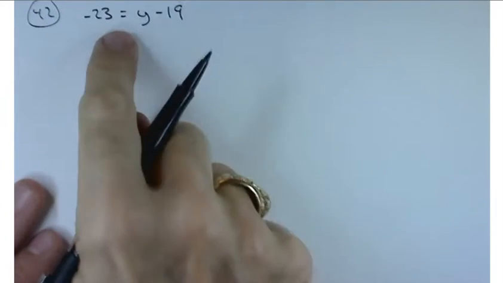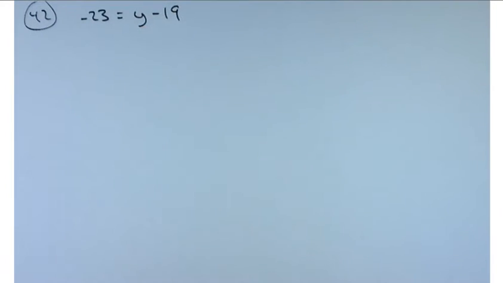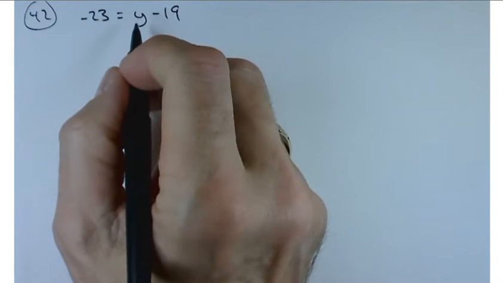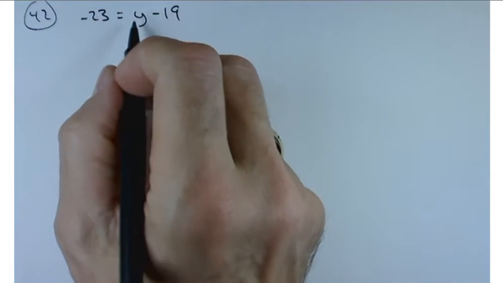For instance, problem number 42. Negative 23 equals y minus 19. Now, this is an equation that has a variable, but it's in balance. These things equal each other. So if I add the same thing to both sides of the equation, they'll still equal each other. Here's what I expect you to do. Look at the variable.